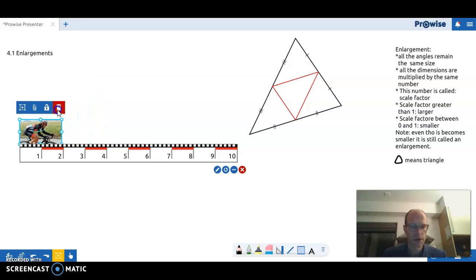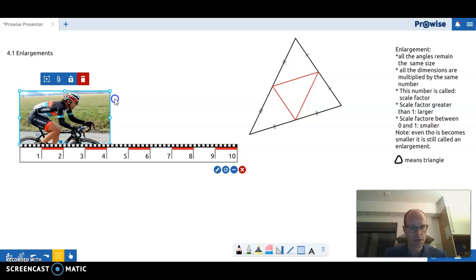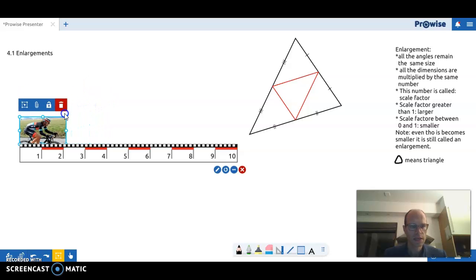Right now, the number I need to multiply the original size, the 4, with is half and I get 2. This is still an enlargement, only the number I have multiplied the original with is between 0 and 1, and then it becomes smaller.